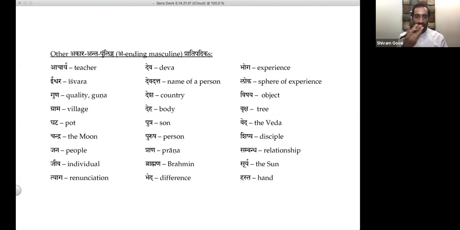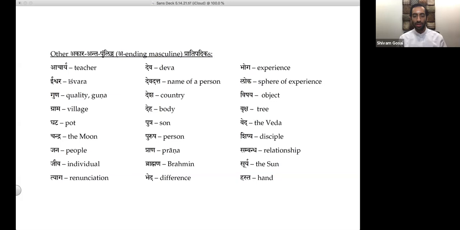Let's look at Acharya, for example. Acharya 7-1 would be Acharye. 7-2, Acharyayoho. Okay, two yakaras. And then 7-3, Acharyeshu. Deva: Deve, Devayoho, Deveshu.